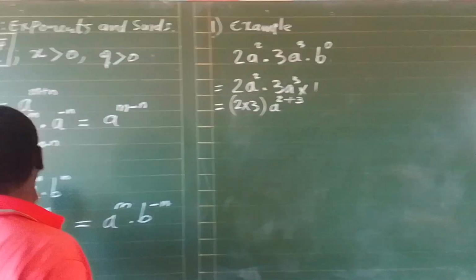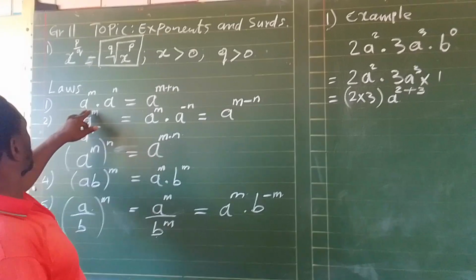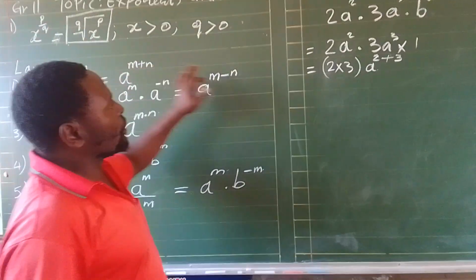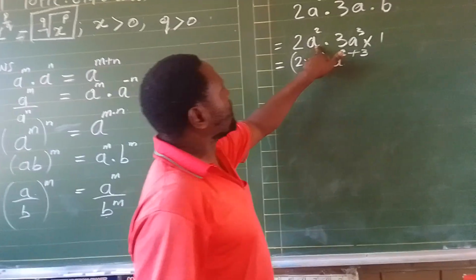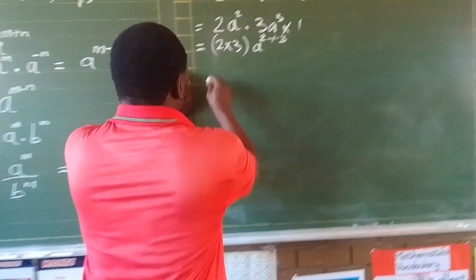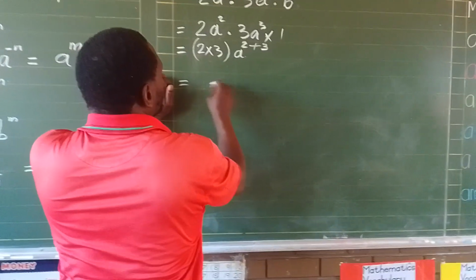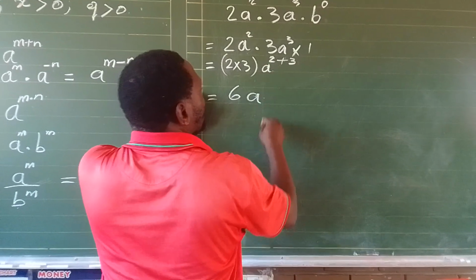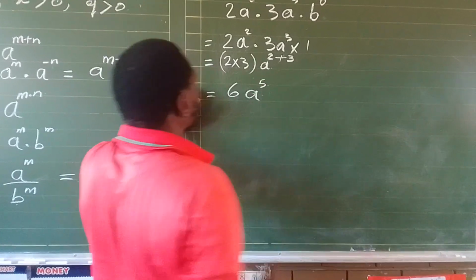Remember, this is the first law. If you have the common base, you multiply the common base, you add the exponents. Now 2 times 3 is 6, a to the power 2 plus 3 is 5.